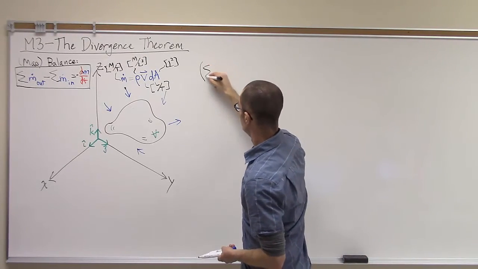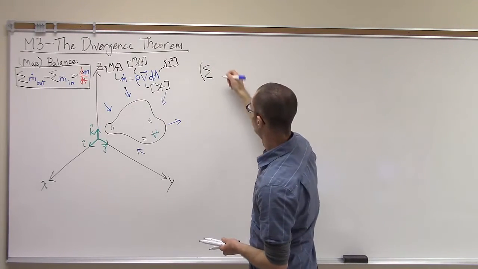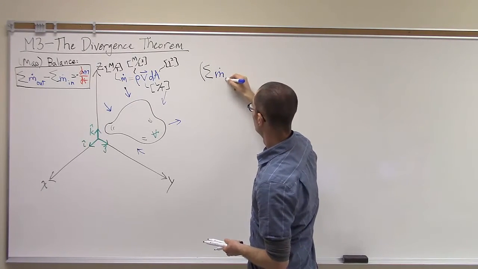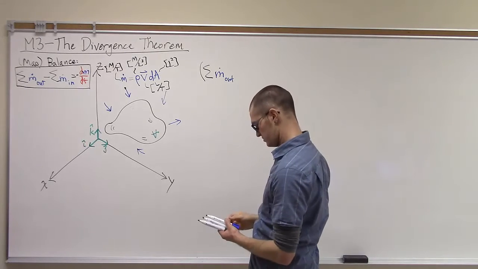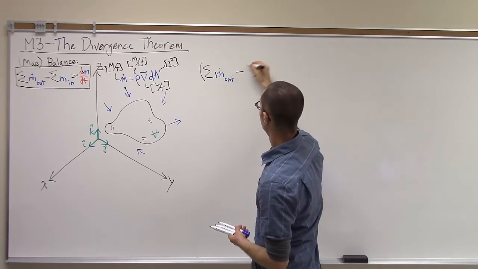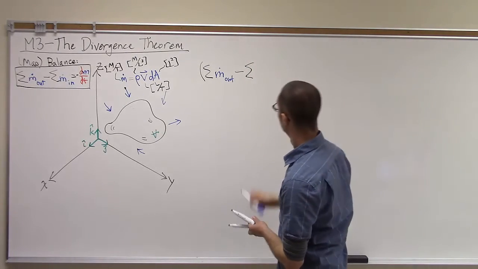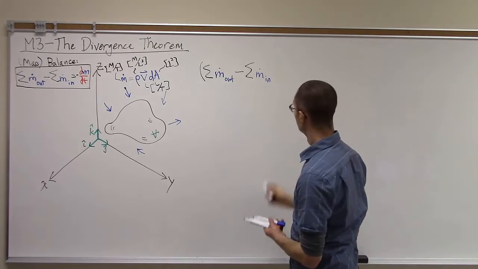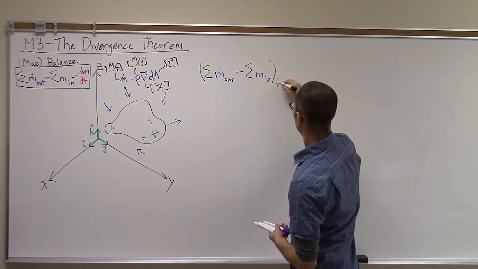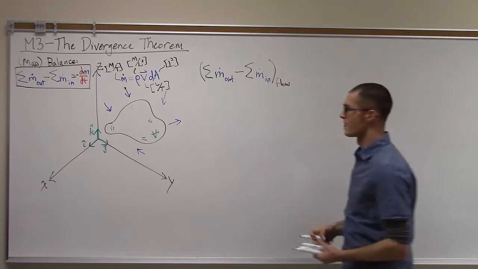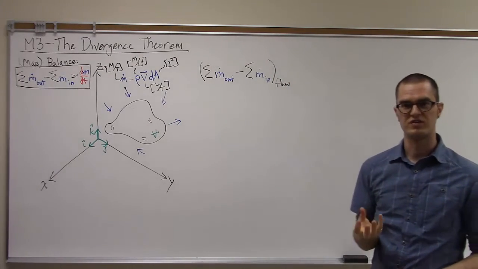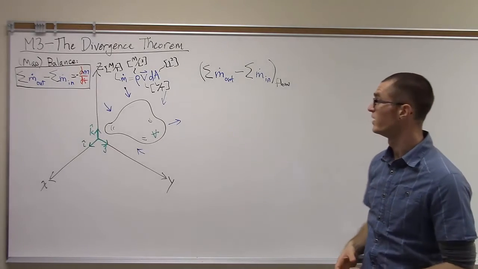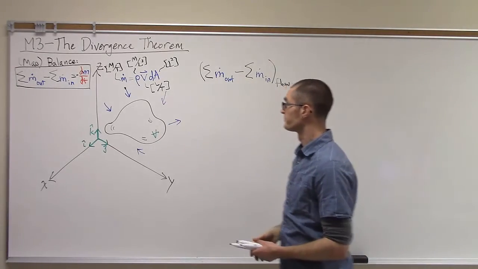I'll put this in brackets: sum of mass flowing out minus sum of mass flowing in due to flow. So the substance is dissolved in the fluid and the fluid is flowing at a certain velocity.